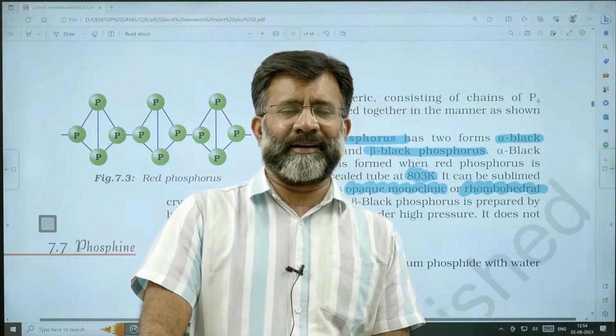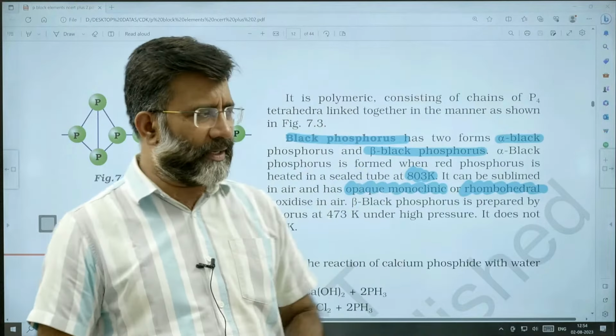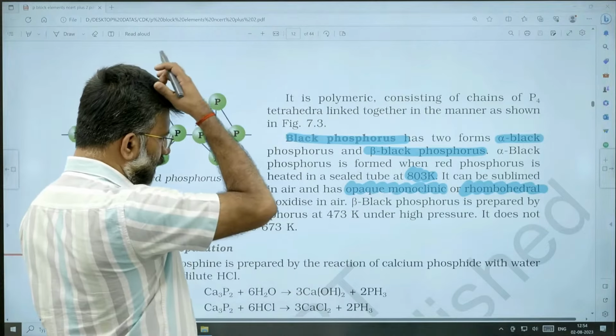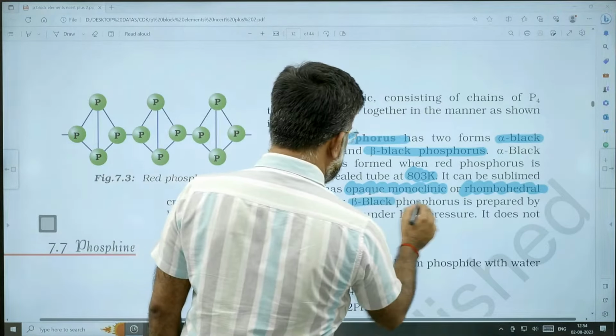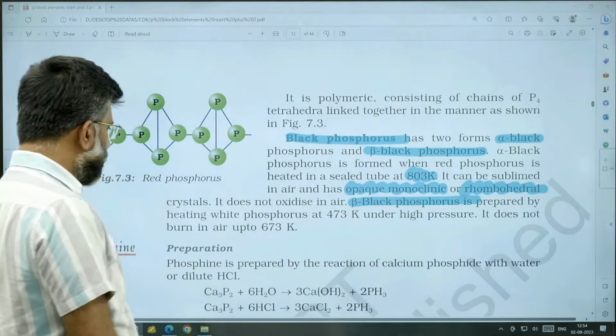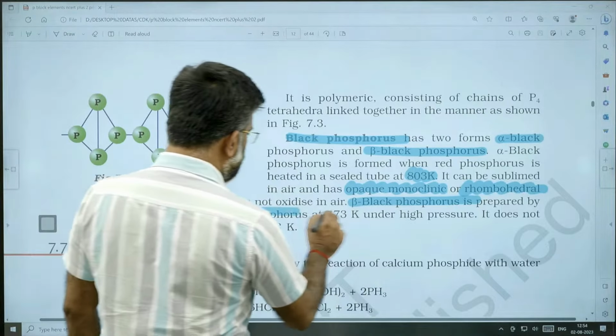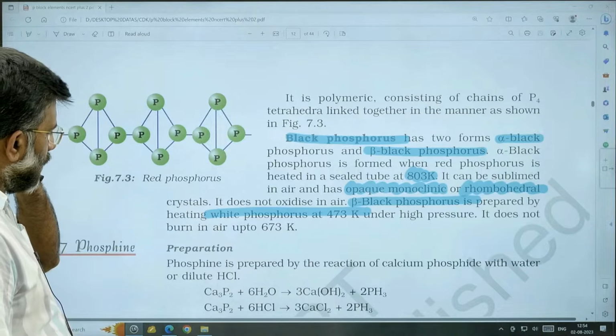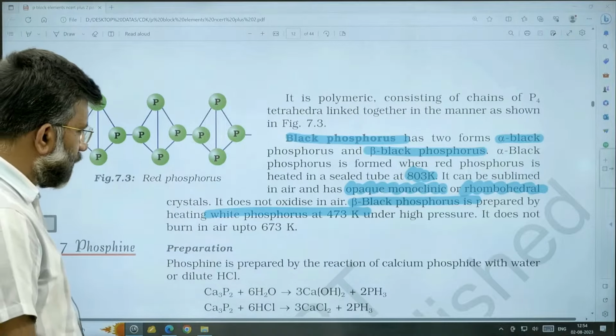It is not oxidized in air. Beta black phosphorus is prepared by heating white phosphorus at 473 Kelvin under high pressure. It does not burn in air up to 673 Kelvin.